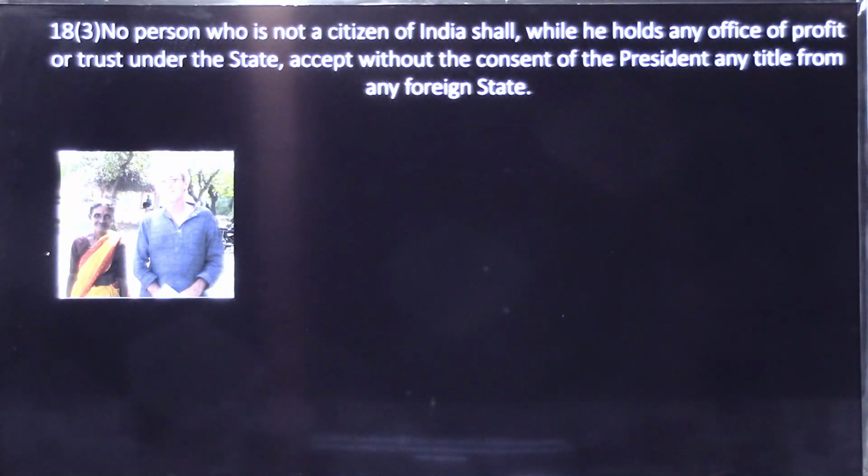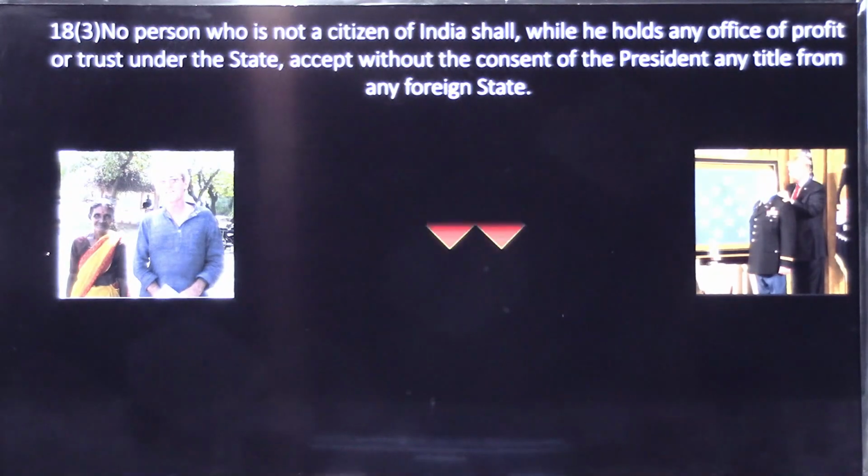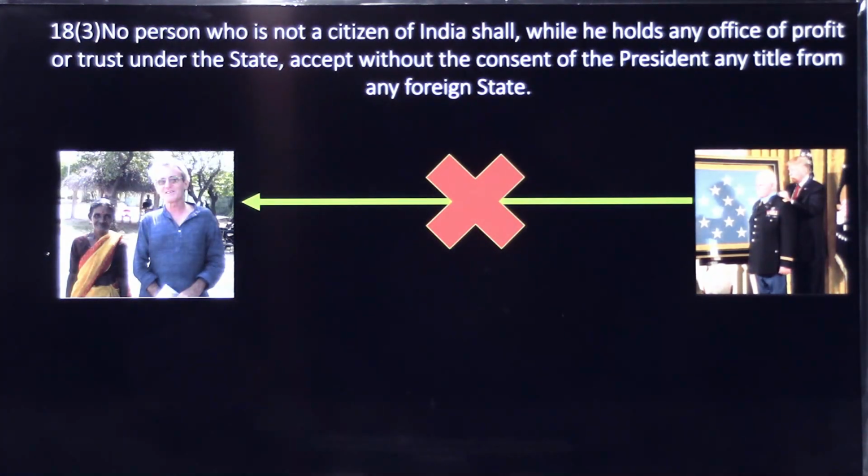On the screen, the heading says no person who is not a citizen of India, that means a foreigner. So 18.3 is for a foreigner. I am reading it again: no person who is not a citizen of India shall, while he holds any office of profit or trust under the state, accept without the consent of the President any title from any foreign state.